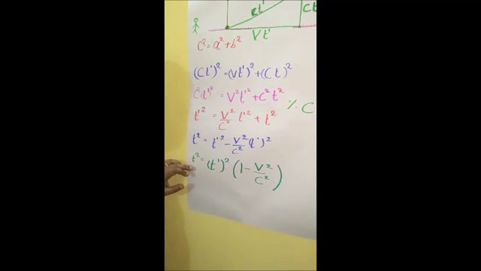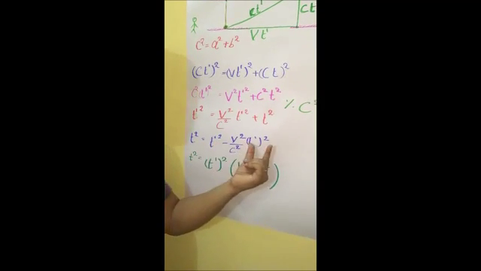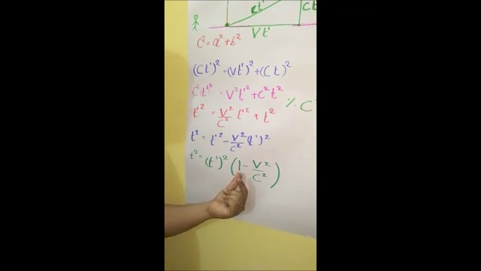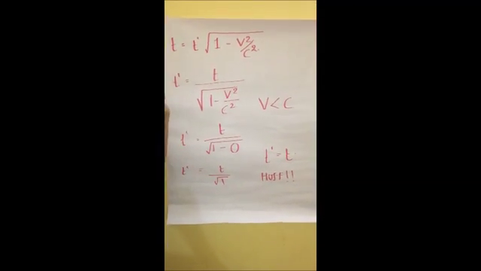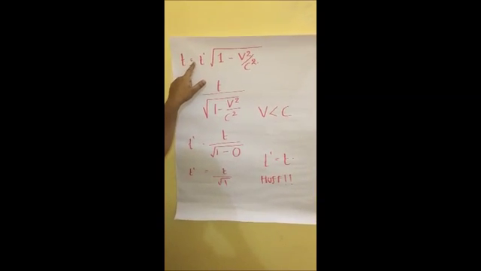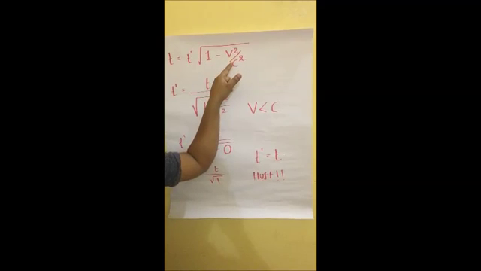Now we can separate t prime square from both of them, and it will be t square equals t prime square into 1 minus v square upon c square. When we remove the squares, it becomes t equals t prime under root 1 minus v square upon c square.